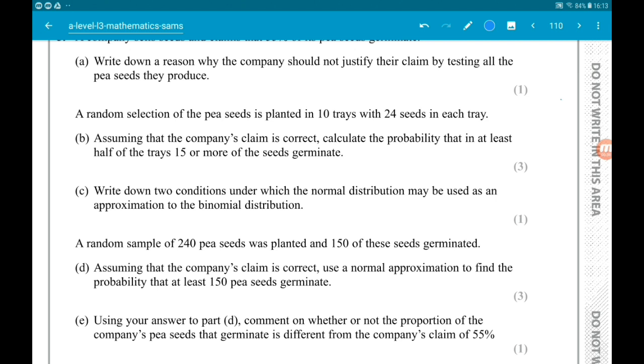So we're going to need to work out the probability that 15 or more seeds germinate, first of all. So then that gives us essentially the probability that a tray is successful. And then we're going to use that probability with a binomial distribution for the trays to work out the probability that 5 or more contain 15 or more germinated seeds. Good times.